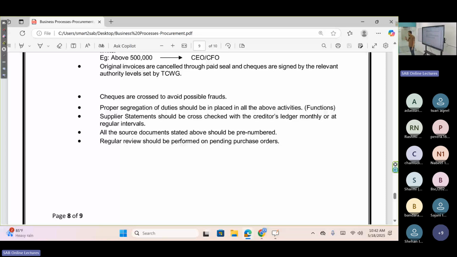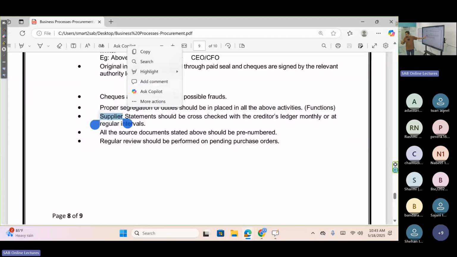Segregation of duties is the number one control that must be placed in every organization. This is the most important control in the internal controls section.